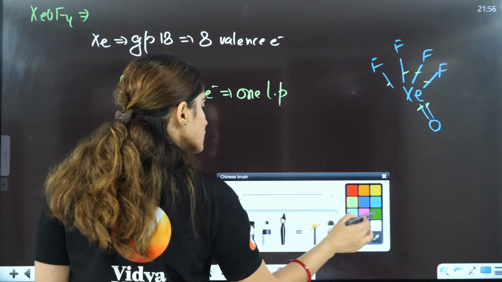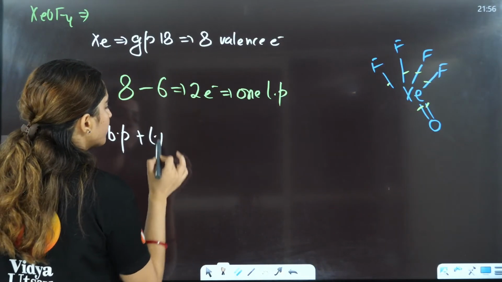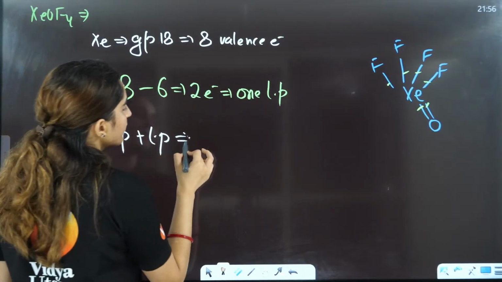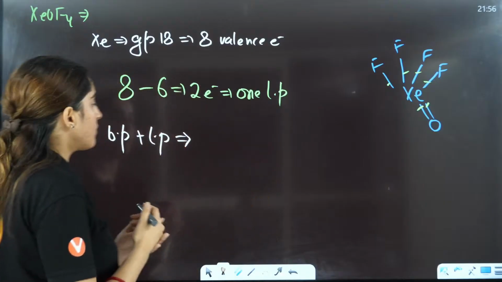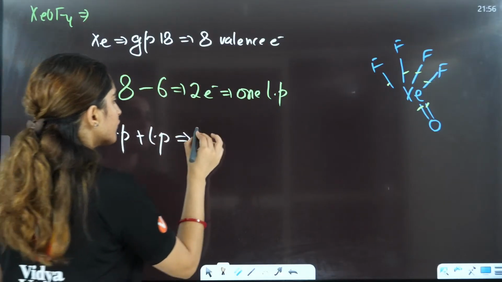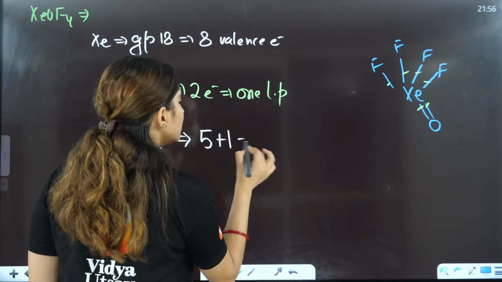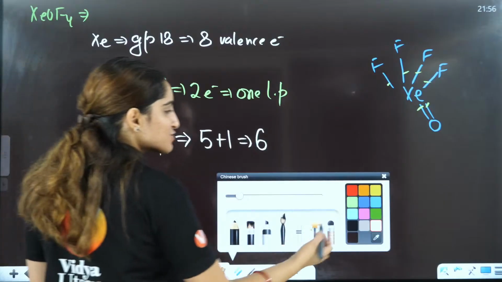If lone pair is 1, then bond pair plus lone pair: how many sigma bond pairs do you have? 1, 2, 3, 4, 5. Lone pair is 1, so that is going to be 6. Definitely this is what we wanted.